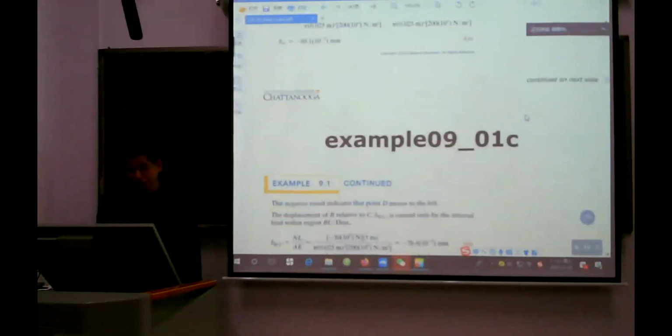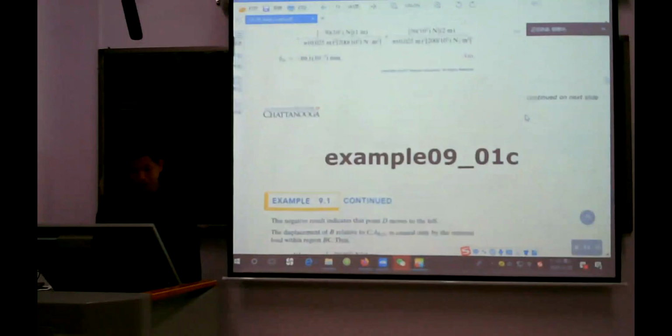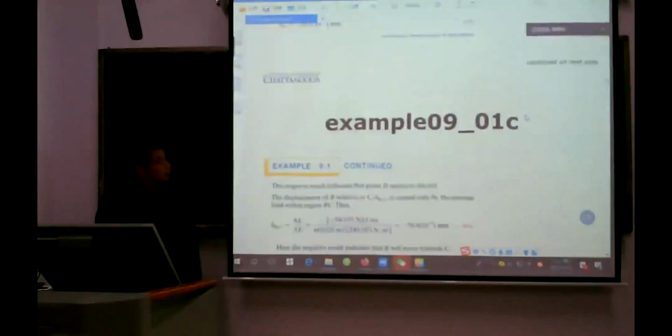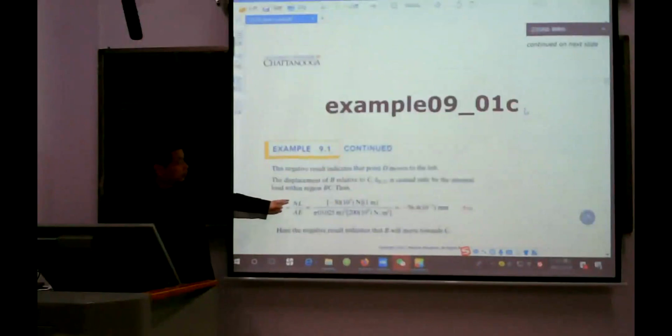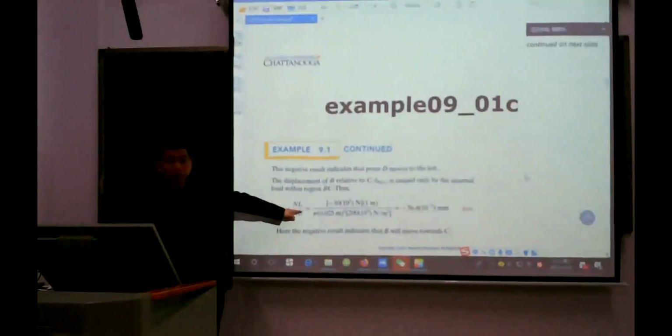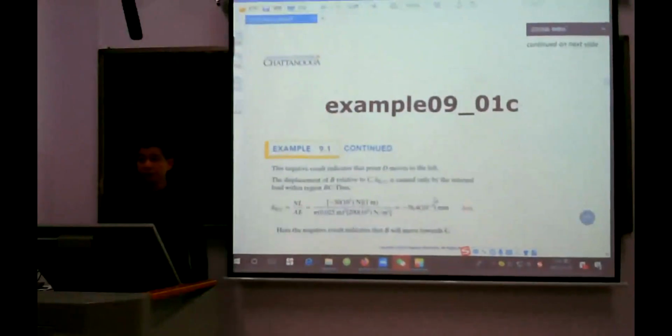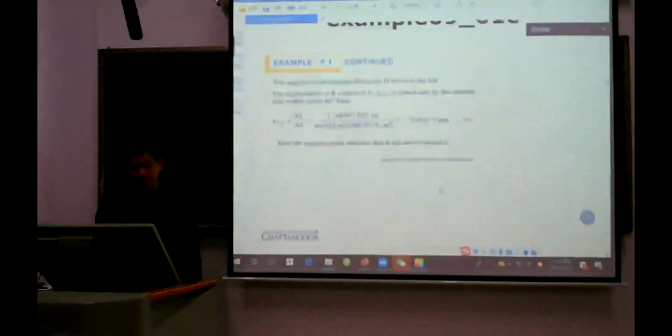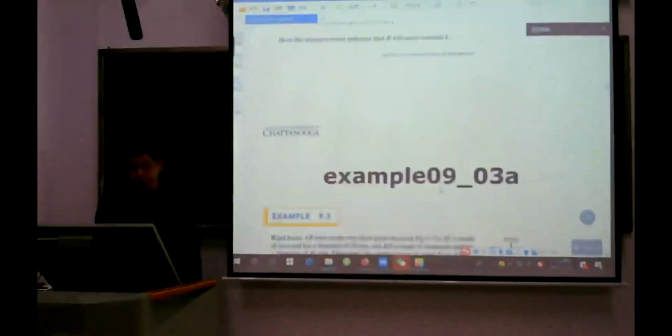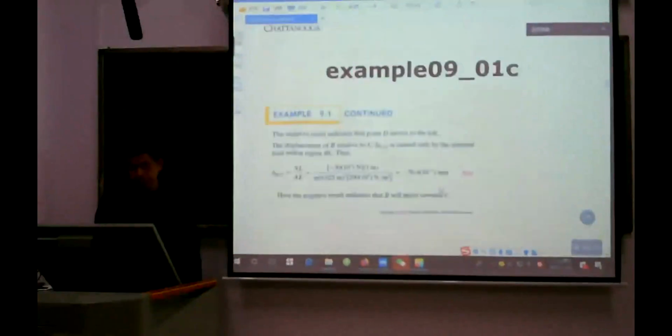It's easier. You see, the displacement of point B relative to C is just the deformation of BC. Understand?